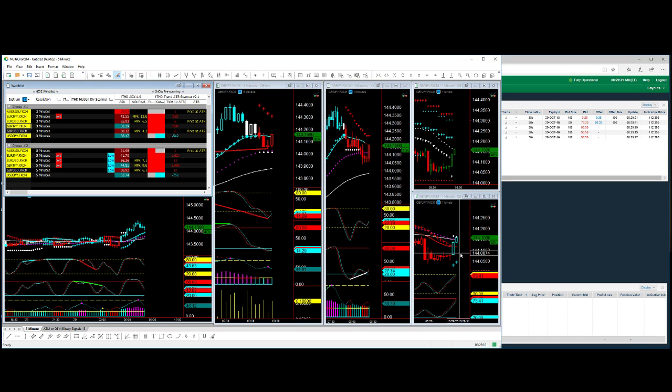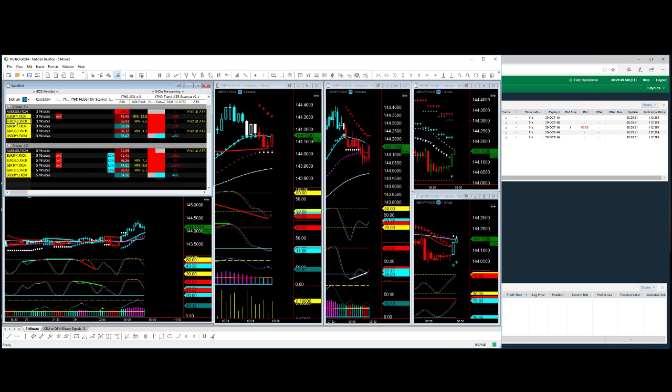What would be really cool is if this went back, did not take out this high and gave us hidden divergence. This blue ATR represents the red ATR from the 3 minute chart. This can either bounce off of this white dot or it will bounce off of this blue cross. One of the two.